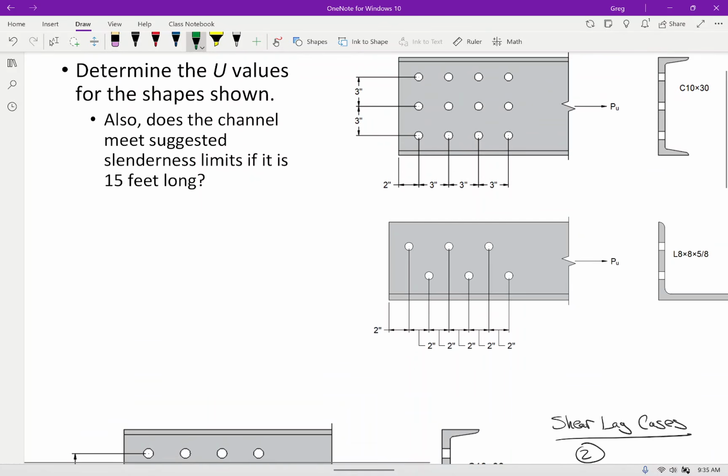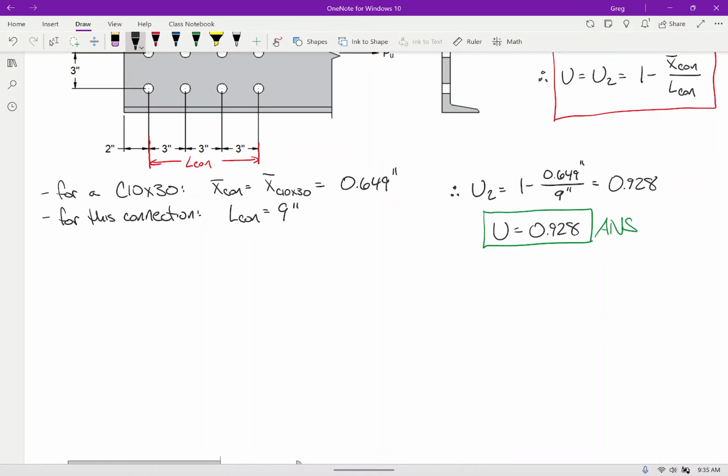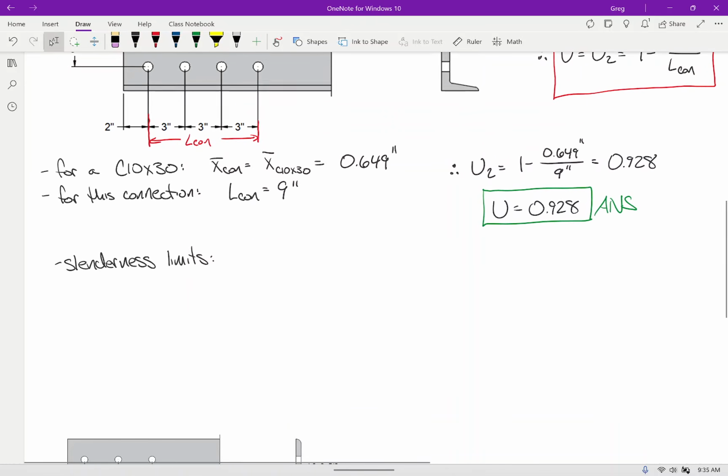Before we move on to the angle, let's look at this next question. Does the channel meet suggested slenderness limits if it is 15 feet long? Okay. Let's look at slenderness limits. Okay. Remind me, our suggested slenderness limits say that L over R needs to be less than or equal to what? 300.